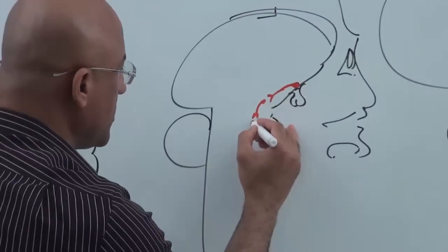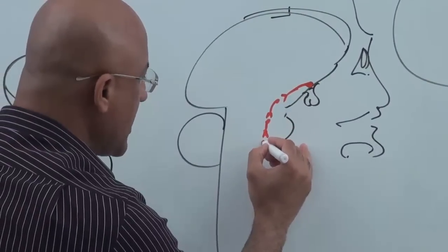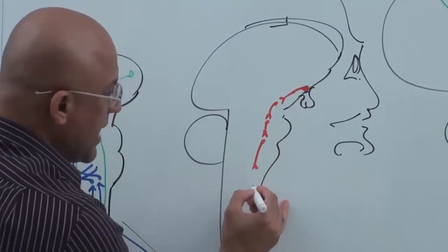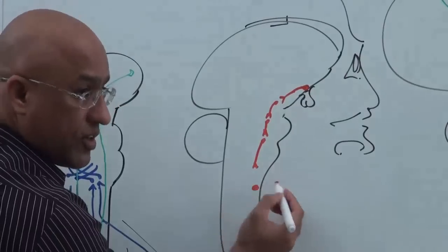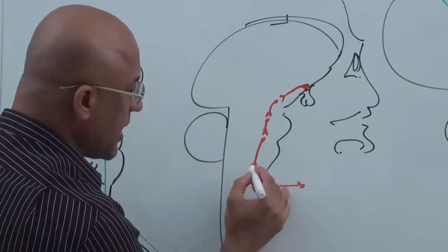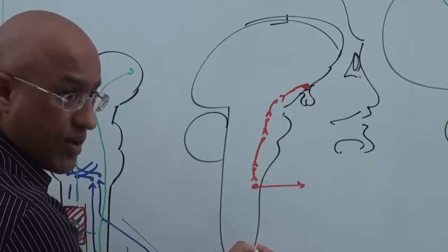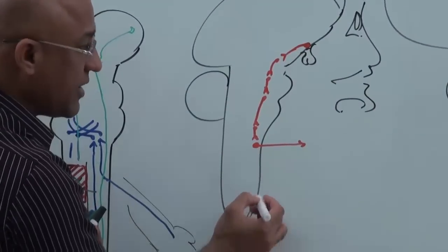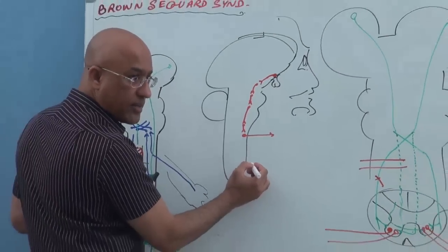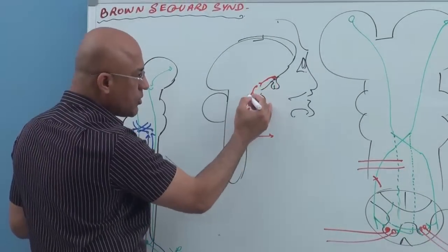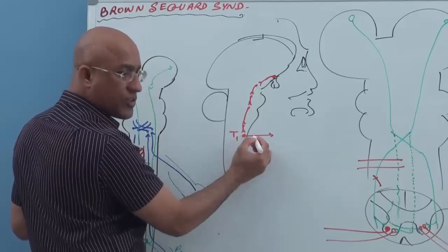Polysynaptic pathways come down, and as they are going down, at the T1 level, fibers start coming out. Now these fibers which are T1, T2 through L1 or L2, right? This is sympathetic outflow. Now, actually these fibers which are coming out at T1 section, right?